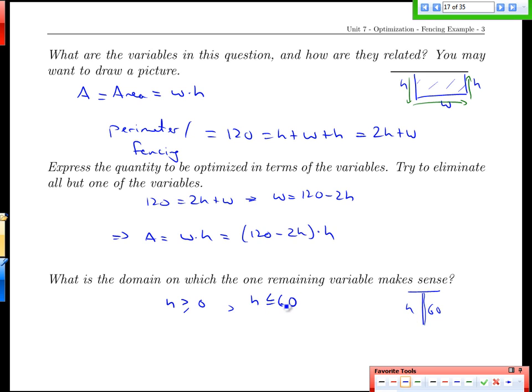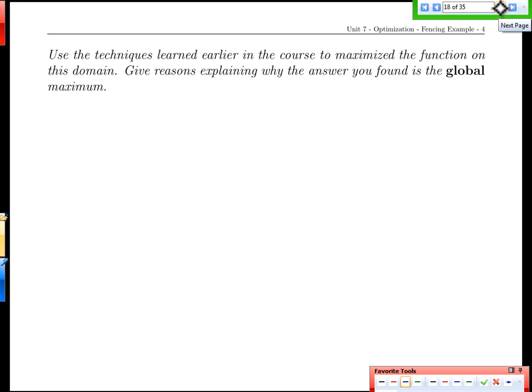So H is going to be less than or equal to 60 as well. Those are the only reasonable values we can think of for the length of this side of the fencing. Okay. So now we're going to maximize this function on this domain and try to make an argument about why the point we find is a global maximum.